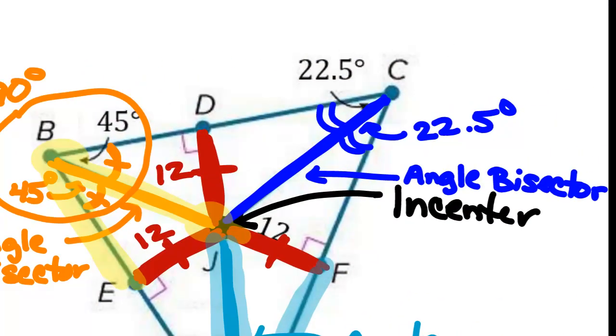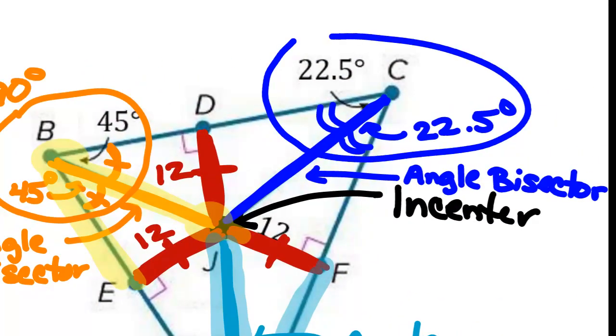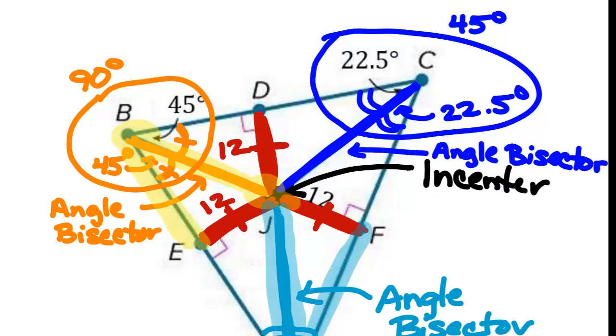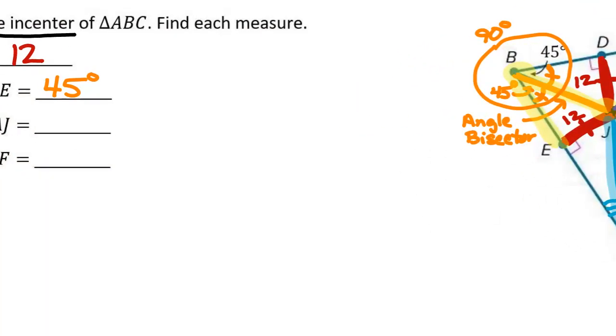What do I get if I put 45 and 45 together? 90. What do I get over here if I put 22.5 and 22.5 together? 45. So I'm going to sketch this triangle over here.